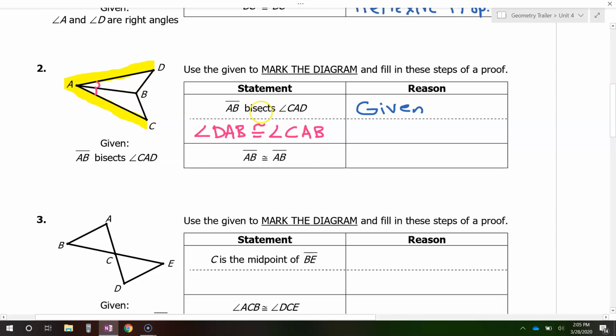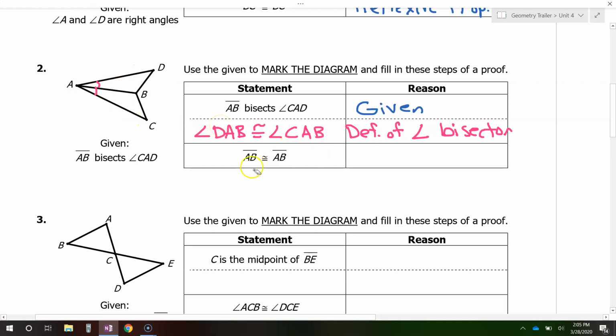Okay, and that's just the definition of angle bisector. So that's literally what we put for the reason: the definition of angle bisector. That's just what it means to bisect something, is to cut it in half into two congruent parts.